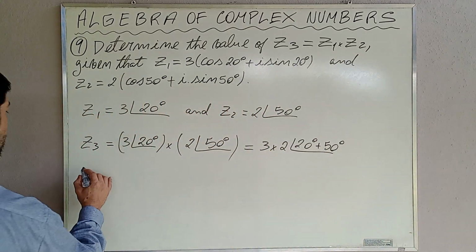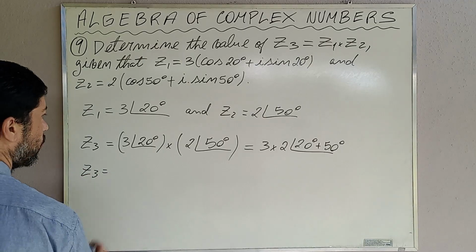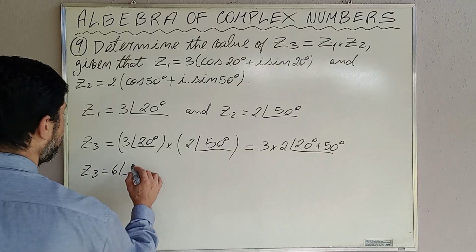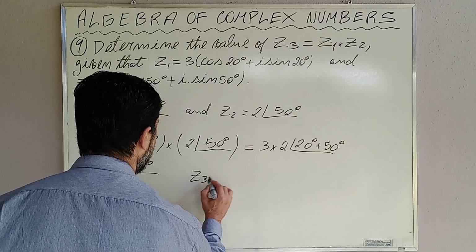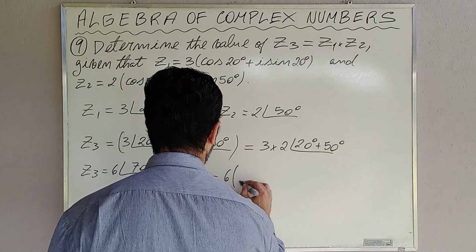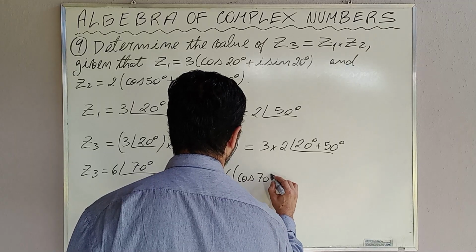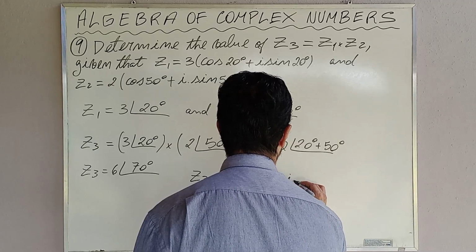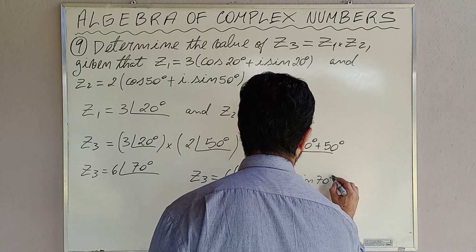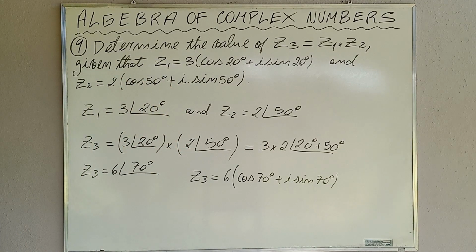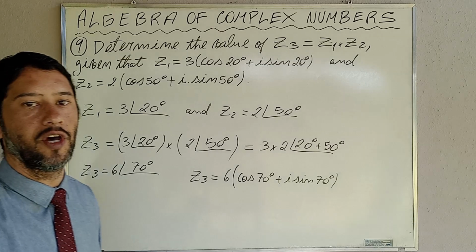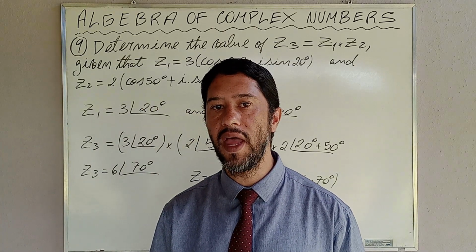We discover therefore that z3 is equal to 6 phase 70 degrees. And this is the polar form of z3. We want the trigonometric form of z3. The trigonometric form will be 6 times (the cosine of 70 degrees plus i times the sine of 70 degrees). And this is precisely what the exercise wanted us to calculate. And it is all for exercise number 9. Let's go to the next.